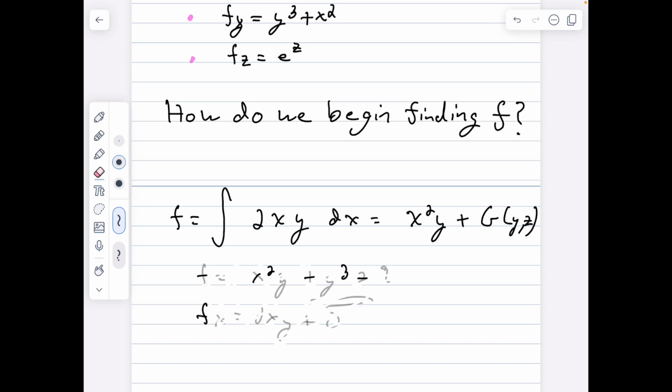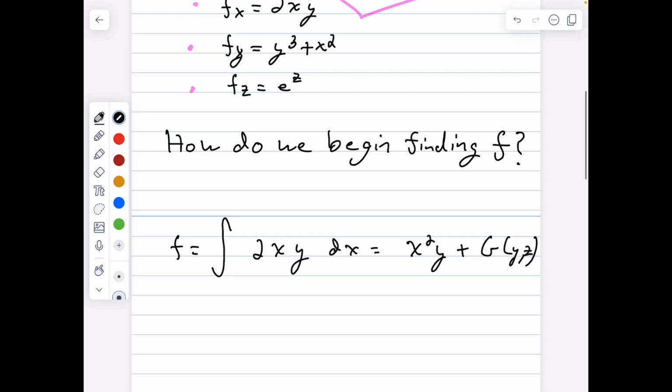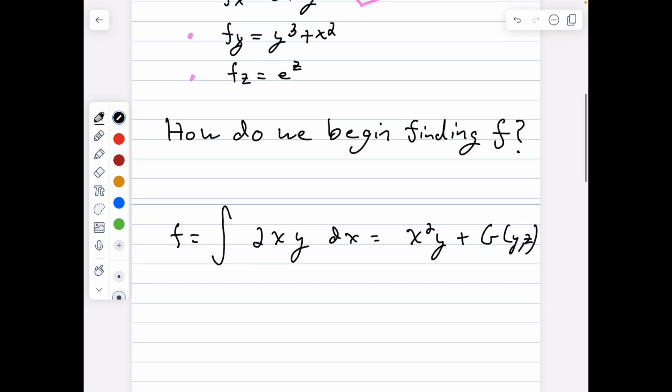Okay, so that is what my function would look like, and your task here is to find what g of y z is equal to. The way we do that is by considering the other parts we're given. We're given that fy equals y cubed plus x squared, and fz equals e to the z. So you take the partial derivative with respect to y of the function we have right now, x squared y plus g of y z.